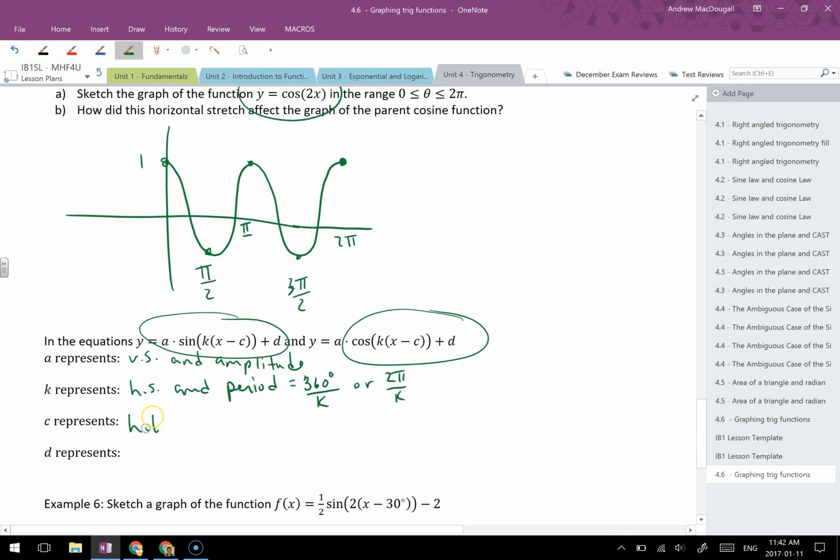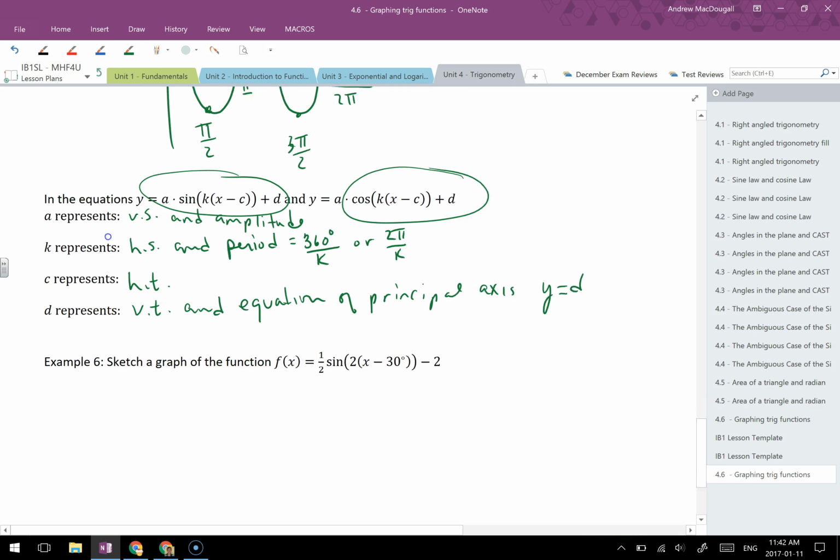C is the horizontal translation, and D is the vertical translation, and y equals d is the equation of the principal axis.